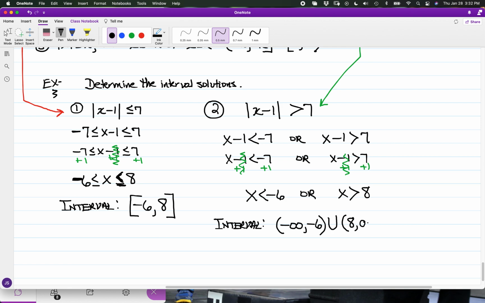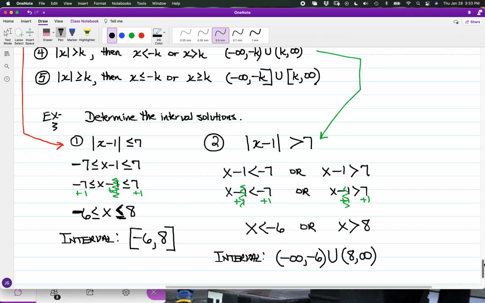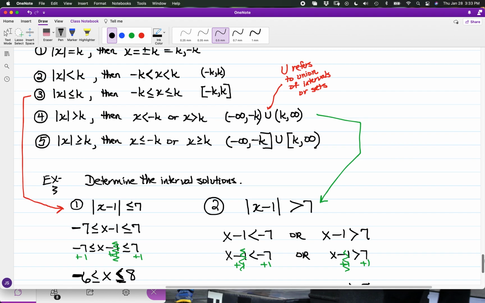Then we have going all the way out to approaching infinity. Okay, and so that would be the interval solution for this particular inequality statement. And just some items to mention, that U symbol again refers to the union of intervals or sets.